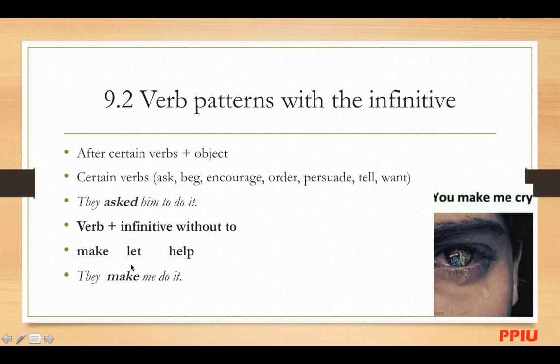Or they make me cry. You make me cry: here make has an object and cry is without to. You cannot say you make me to cry. Or let me go home: you let me go home.